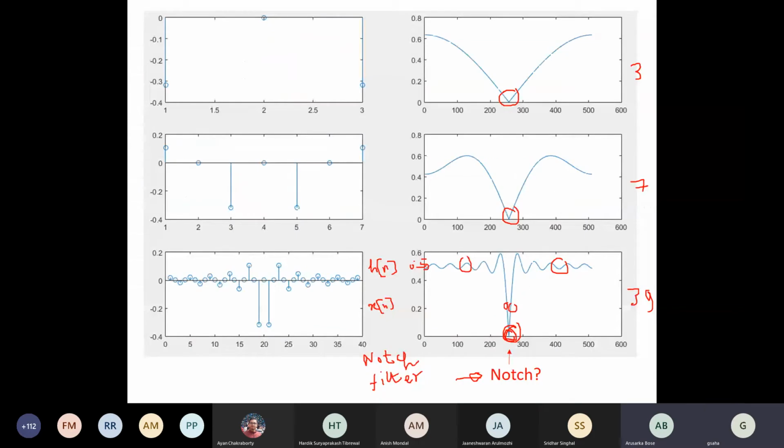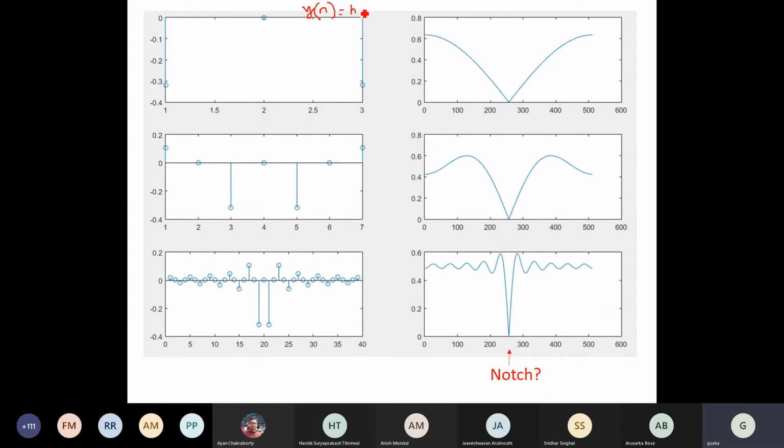So this is your impulse response, right? So we wrote the equation yn as h0 xn, you remember this, plus h1 xn minus 1, plus h2 xn minus 2.